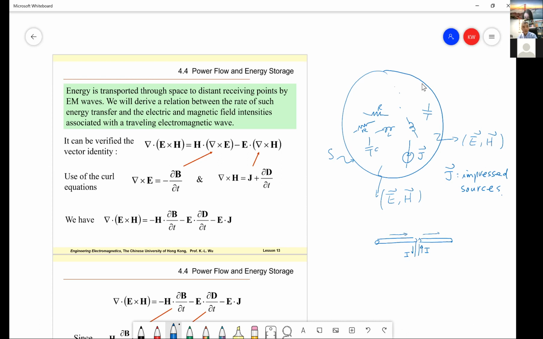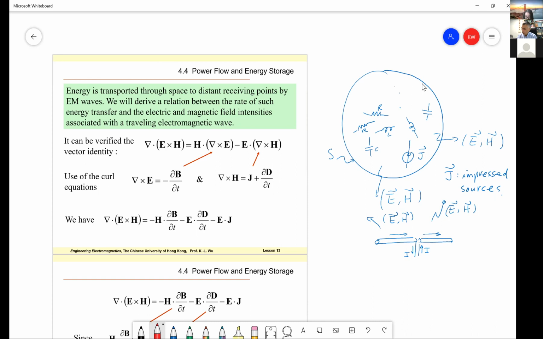This current is formed along the dipole, oscillating back and forth, and then radiating electromagnetic field, right? We will have more derivations of these particular solutions by yourself. So for such a case, we have a current J.